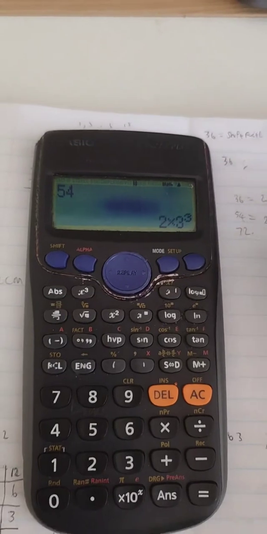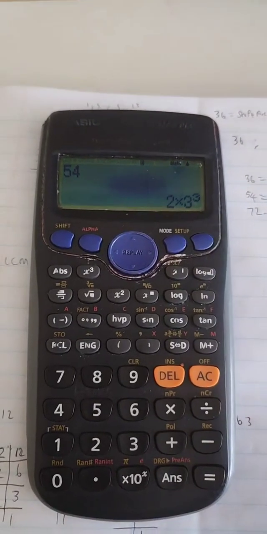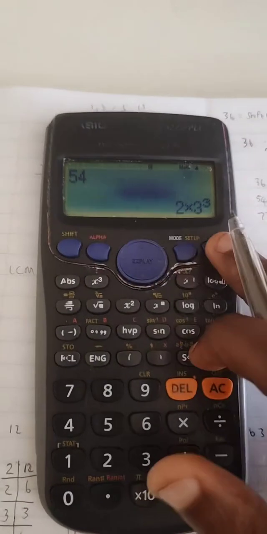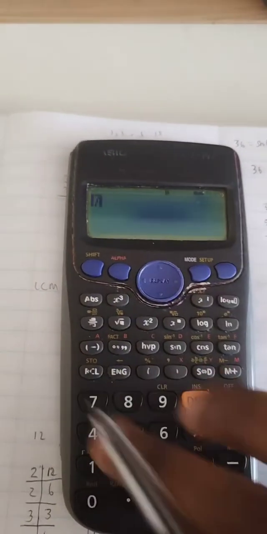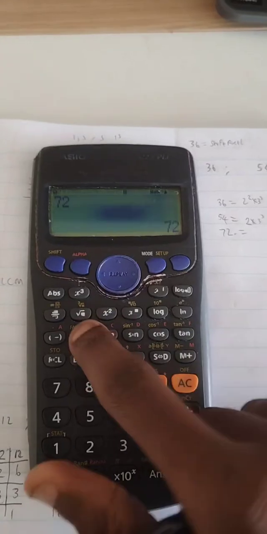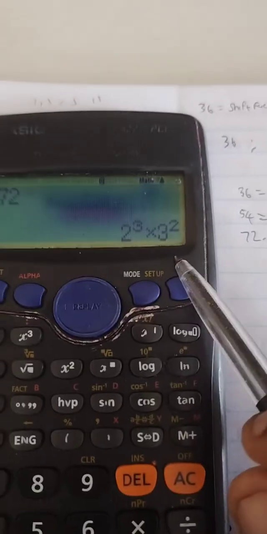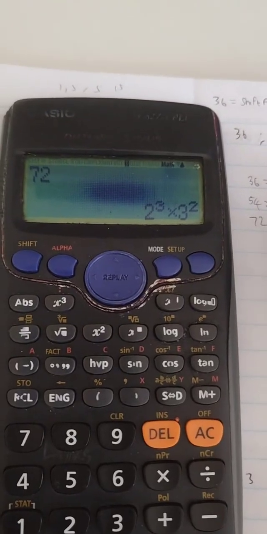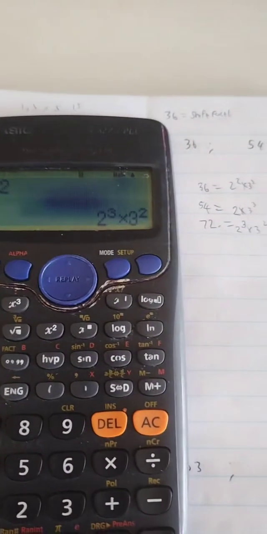Then lastly, 72 is equal to, shift, then fact. Then there you have it. We have 2 cubed times 3 squared.